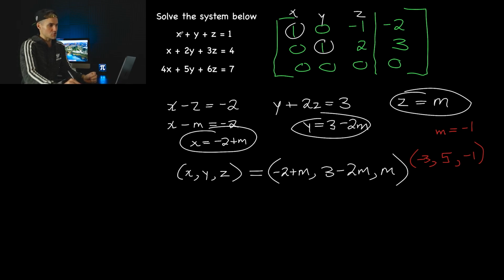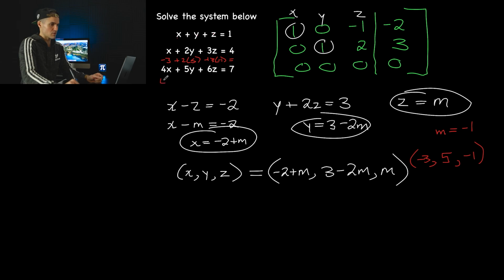So with this first equation, negative 3 plus 5 minus 1, that would be like negative 4 plus 5, which does indeed equal 1, right? Left side equals right side. Over here, negative 3 plus 2 times 5 plus 3 times negative 1, what's that going to equal? Negative 3 plus 10, 7, minus 3 does indeed give us 4.